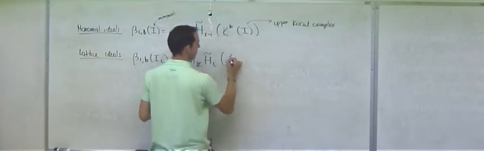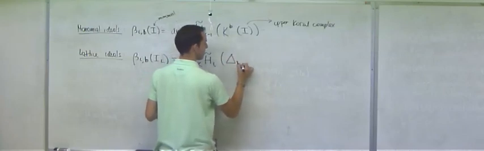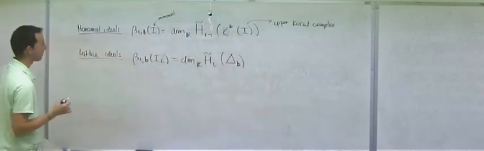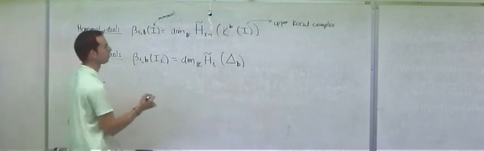That something is denoted delta sub b. So now you see why I made that mistake. Okay. And I need to tell you what this is.